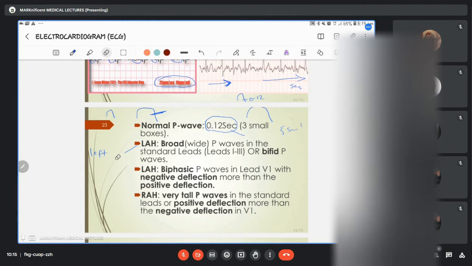Left atrial hypertrophy. We also have the right atrial hypertrophy. So first of all, let's look at the first one we have here, which is broad P wave and bifid P waves.